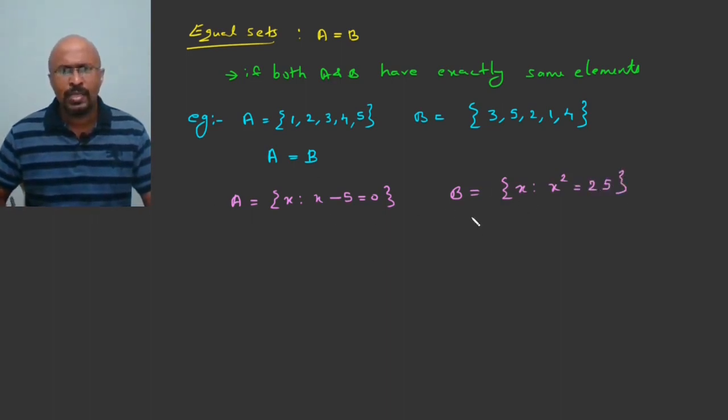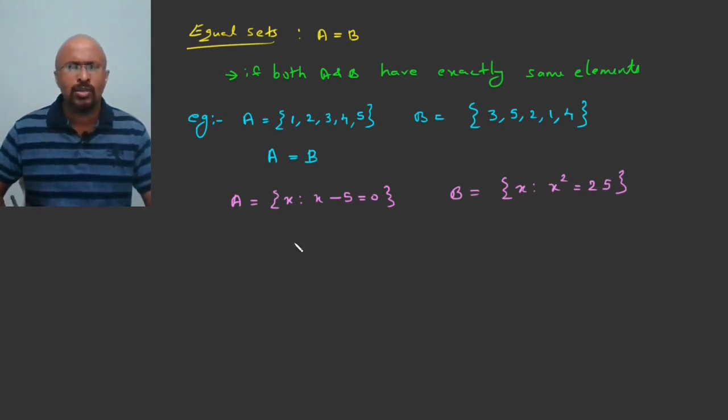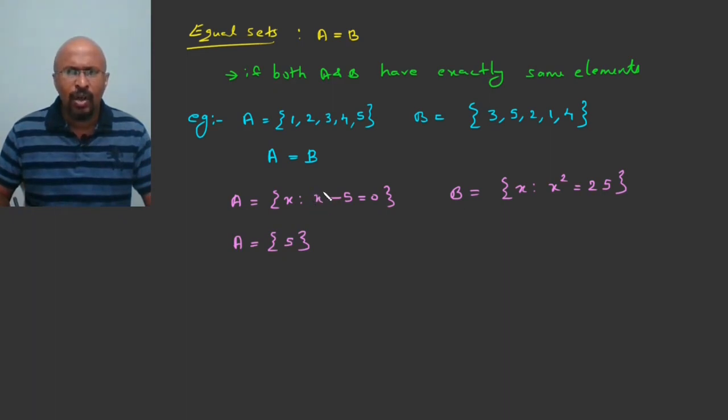To say whether A is equal to B or not, we can go deeper and find the elements in each. Set A consists of the element 5, because x can take only the value 5 to make x minus 5 equal to 0. So, the element in set A is 5.